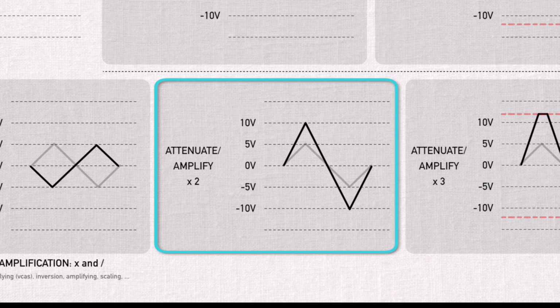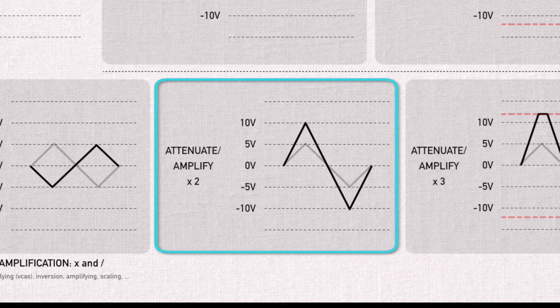Now in the second one at the bottom, I multiplied my original signal, which is still presented as the gray line. I multiplied this signal times 2. And this, well, it's pretty obvious what's happening here. This amplifies our signal times 2.